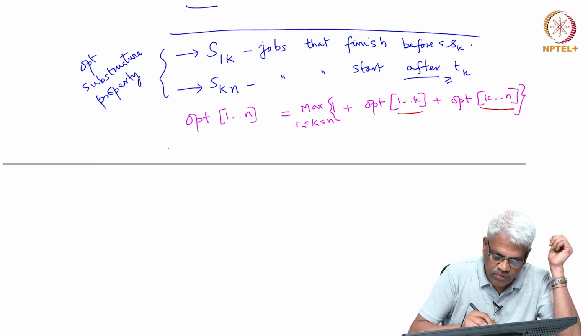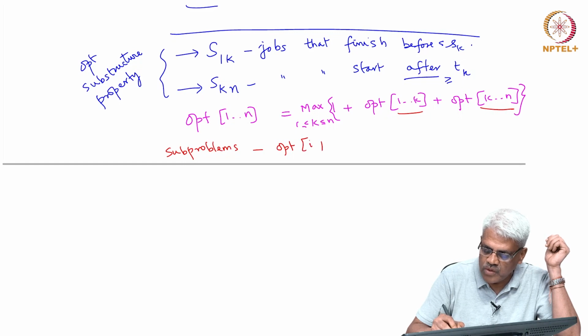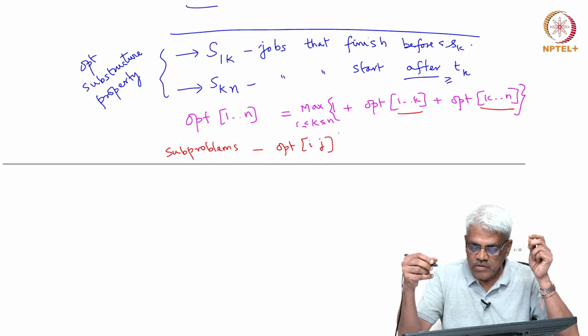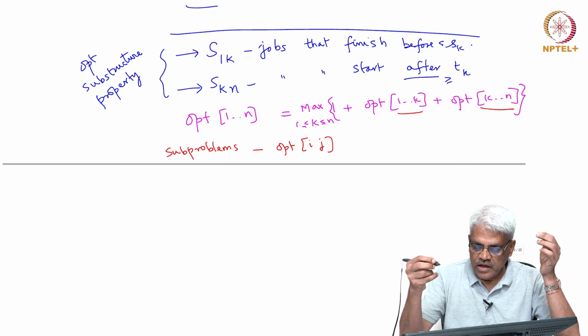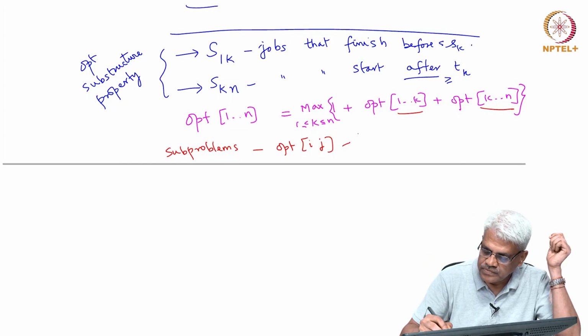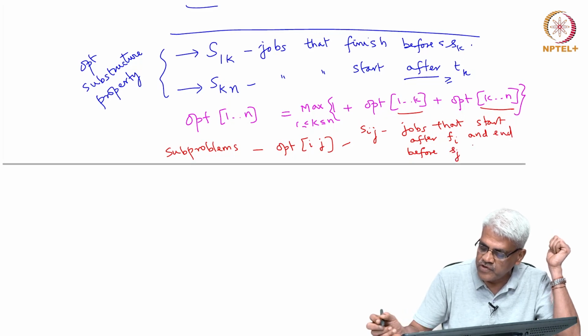So the sub problems would be opt ij: all jobs that start after Fi and end before Sj, before j starts.